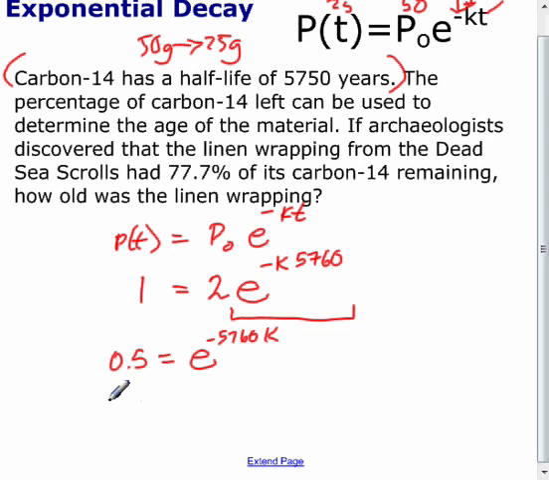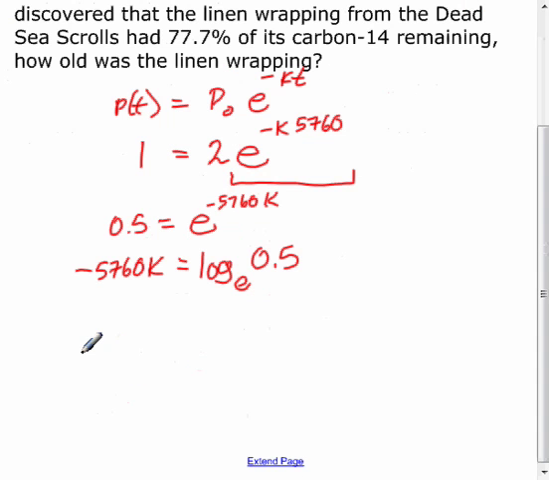We're getting good at that one again. So this would be minus 5760k is equal to the log base e of 0.5, or minus 5760k is equal to the ln of 0.5.